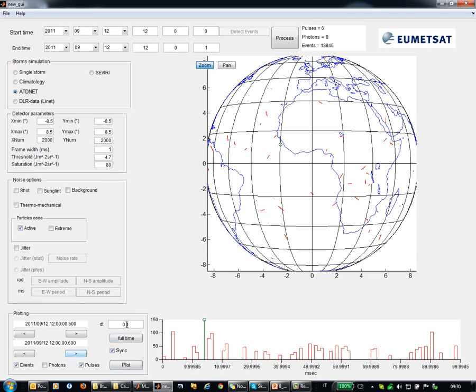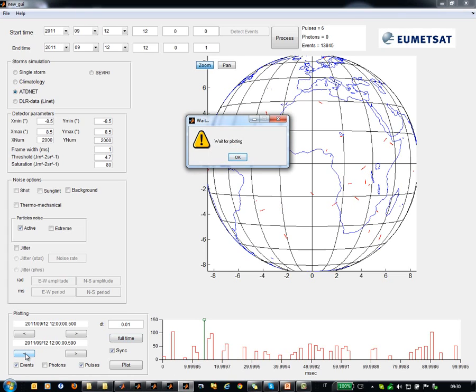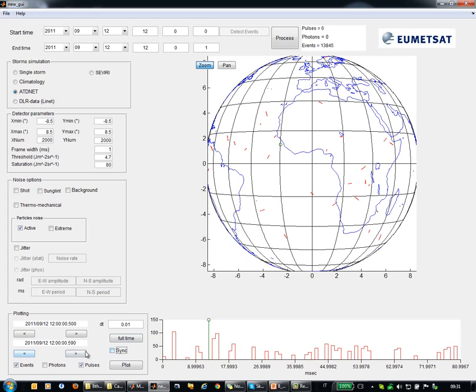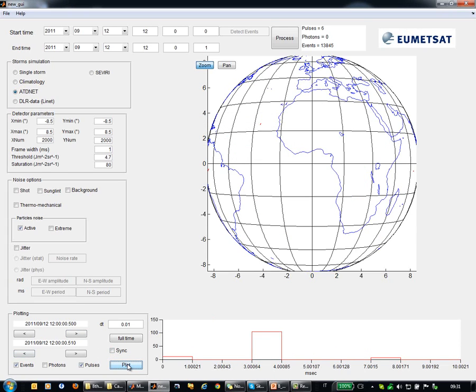We could also reduce delta T and shrink again the time interval that is considered, and this now represents 10 frames.